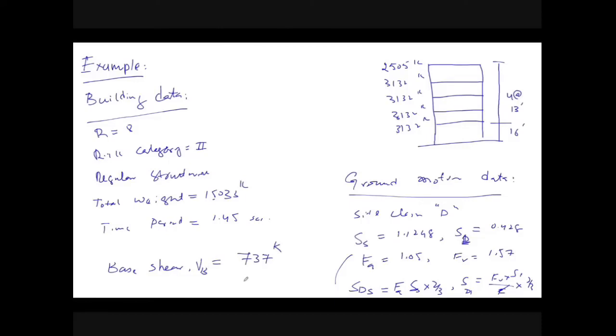So this is a problem that was already analyzed using the static procedure, the equivalent lateral force procedure, ELF, and the base shear for that is 737. Now we are using the modal analysis to compute the base shear, story shear, and the floor forces for analysis, in order to understand how the dynamic modal analysis procedure is used for the analysis of structures.